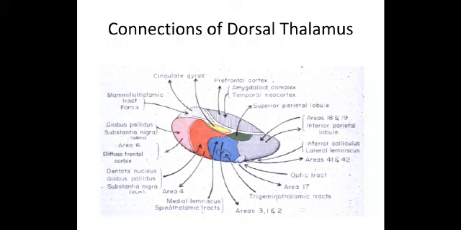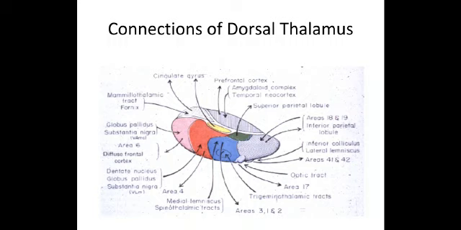Whereas the efferent connections of the thalamus are the thalamocortical fibers. They are widely distributed in different parts of the cerebral cortex. The efferent fibers to the caudate nucleus, the efferent fibers to the globus pallidus, efferent intrathalamic connections, efferents to the hypothalamus and midbrain.